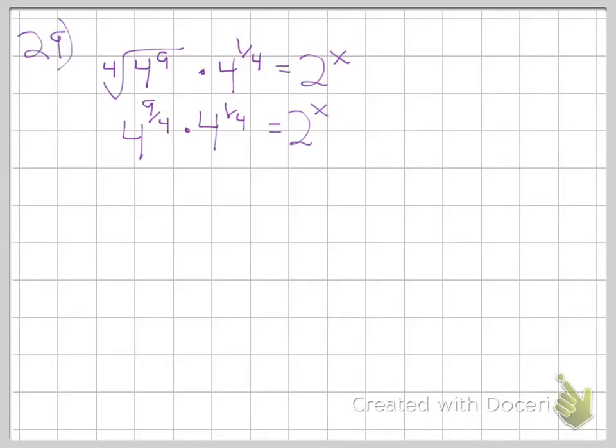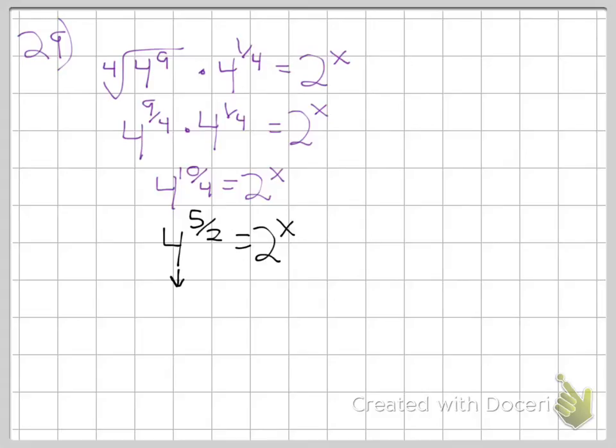So together, it's going to be 4 to the what? 10 over 4? Okay, we add them, 10 over 4. And that actually becomes 5 over 2, right? They're not like bases, but we have to get them to match. So, let's change the 4 to have a base of 2.